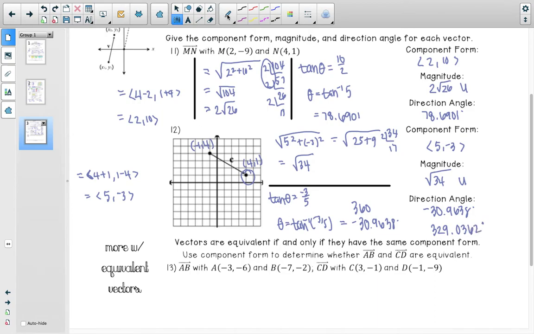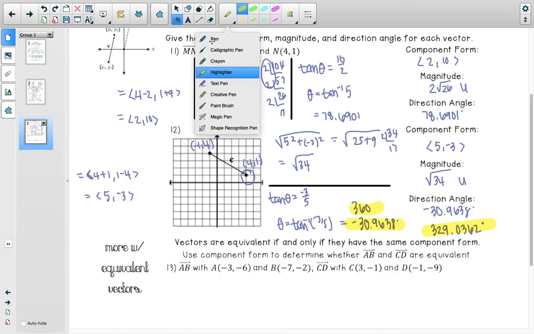You're not going to want the negative on Khan Academy, so let's just get the positive answer. If you put it in your calculator, it's 360 minus negative 30.9638, so you're going to be adding. So you actually just do 360 minus this, or 360 plus negative 30. Just keep in mind how you would do that.